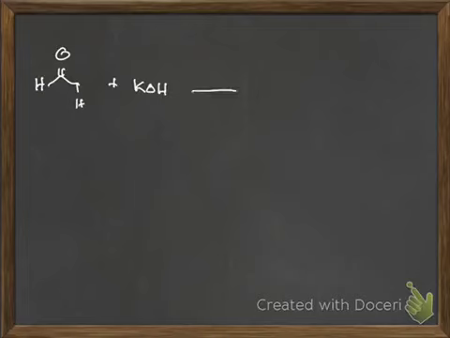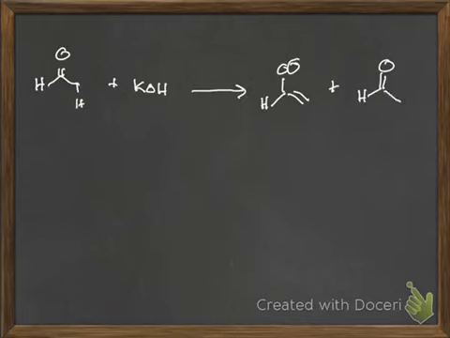what you're going to have in your product mixture is a combination of the enolate, which is the one you wanted, plus some unreacted acetaldehyde. What's the ratio going to be at a given time? Probably slightly favoring the acetaldehyde.